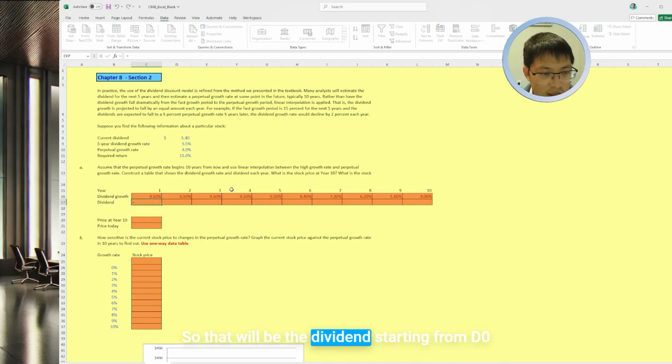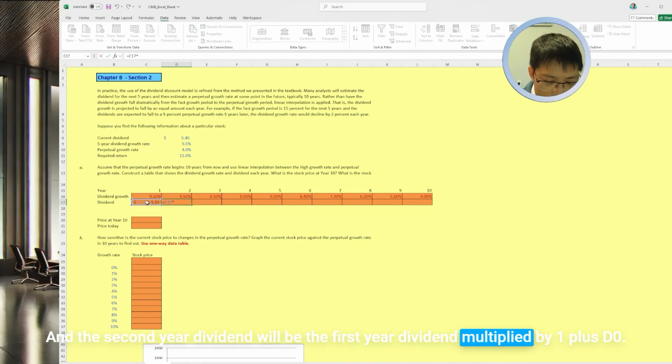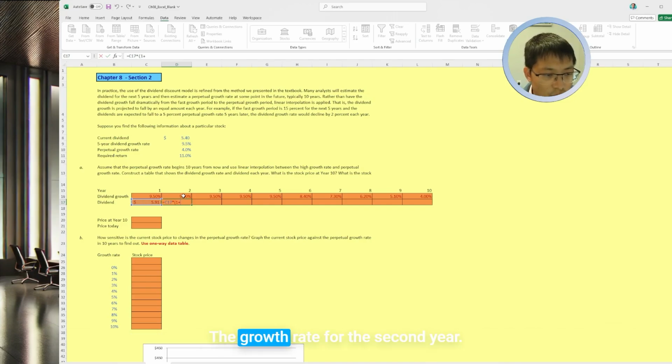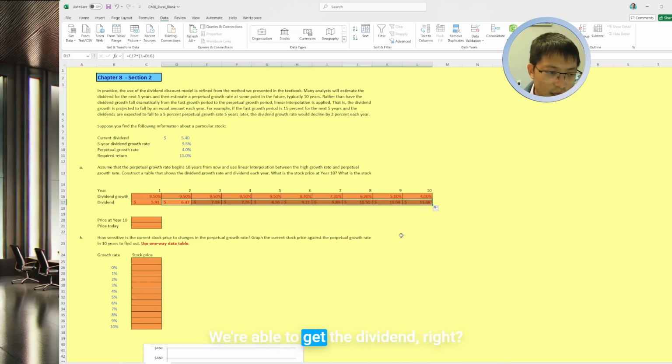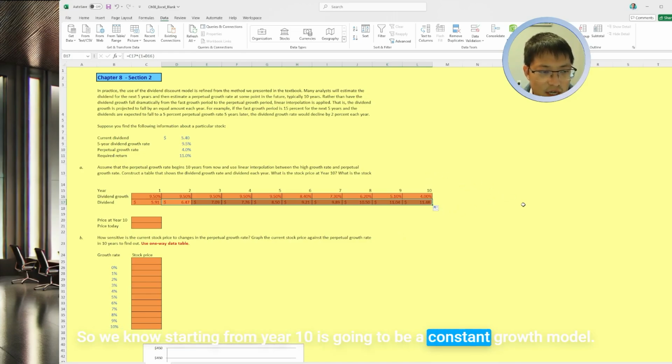So the dividend starting with D0 multiplied by the first dividend growth gives the first-year dividend, then the second year dividend, and so on. We don't have to do it one by one. We know starting from year 10 it is going to be a constant growth model. So this is the 2-stage model, or non-constant growth model, right?